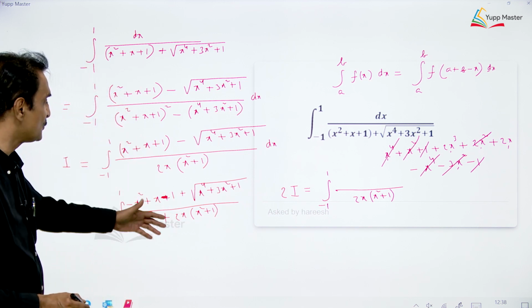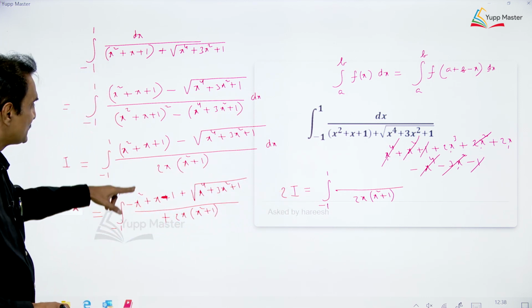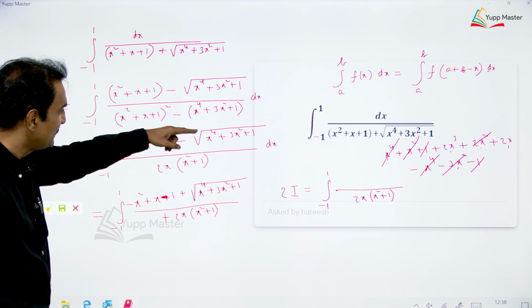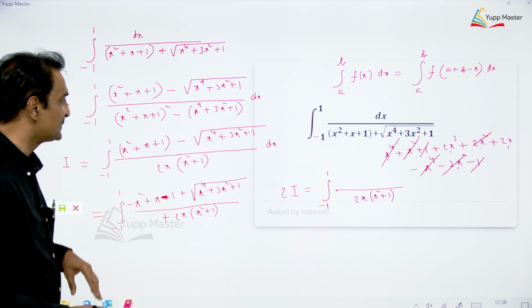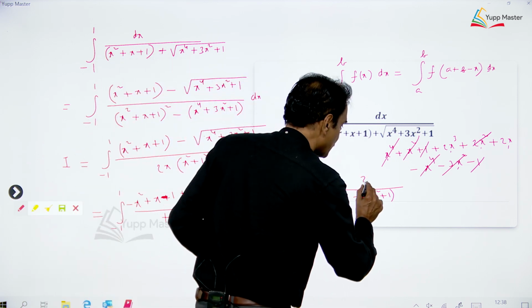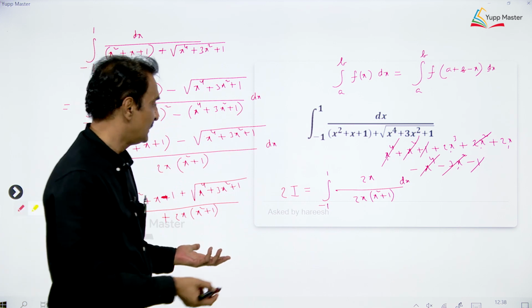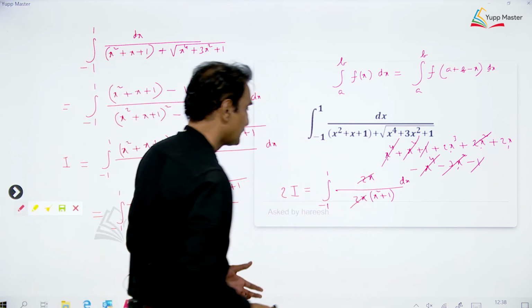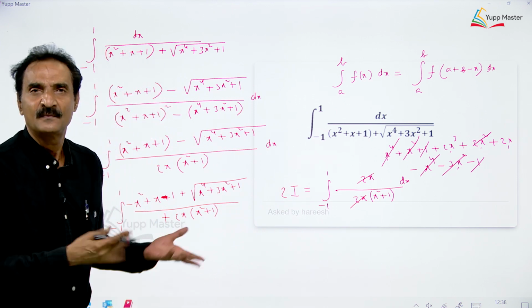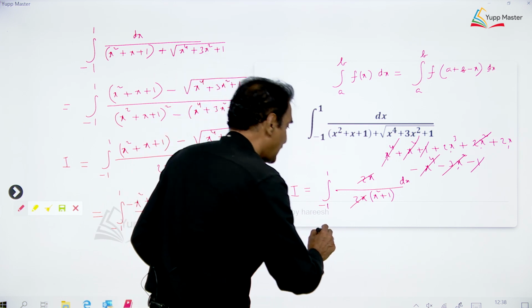So, by adding these two, the denominator is the same, x square cancels, 1 cancels and the square root cancels. So, what is remaining? x plus x, 2x. Now 2x also cancels. Now you can finish. What is the integral of 1 by x square plus 1? Tan inverse x.